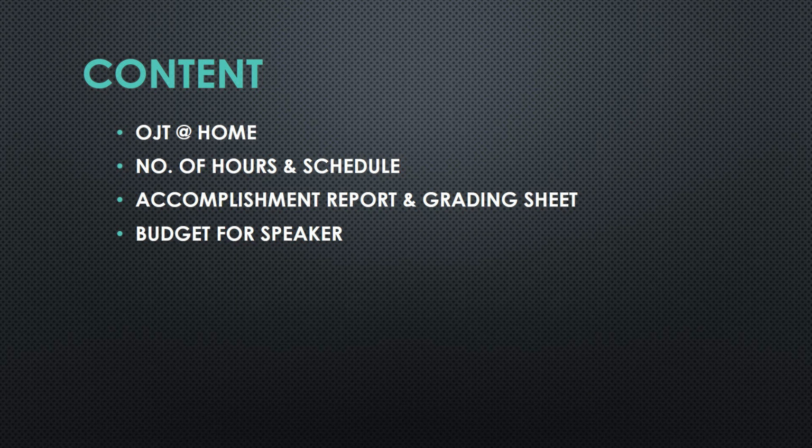These are the contents of this pre-recorded orientation. First is the OGT at home, where we will talk about the tasks that you're going to do in this arrangement. Second is the number of hours that you're going to render in order to complete this OGT, and also the schedule on when to conduct your OGT at home.